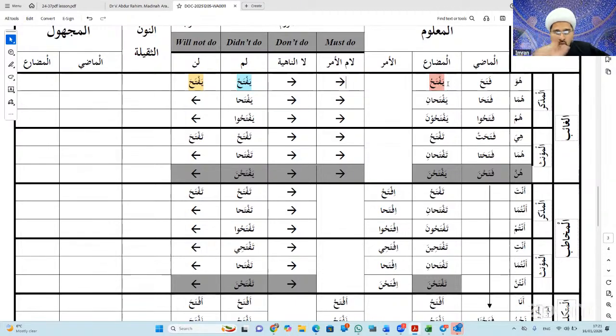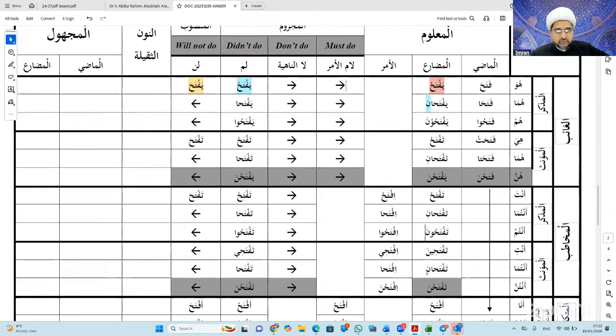So when there's no letter in front of the present tense, the last harakat will be a dhamma, and the dual will have a kasra: yaftahani, yaftahuna, taftahu, taftahani, yaftahna, taftahuna, taftahina, taftahna, aftahu, naftahu, as we conjugate normally.